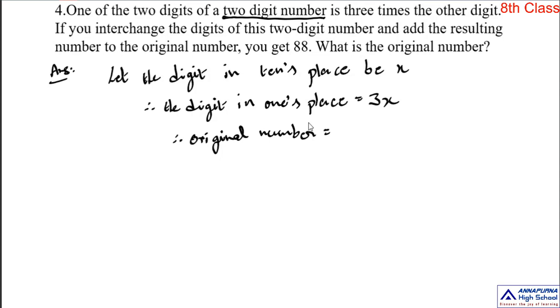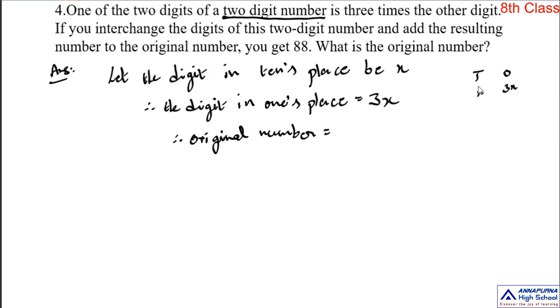If you choose the digits, how to find the two-digit number? Here in tens place we have taken x and in ones place we have taken 3x. Then I want the original number. That means I want the two-digit number. So how to find it?